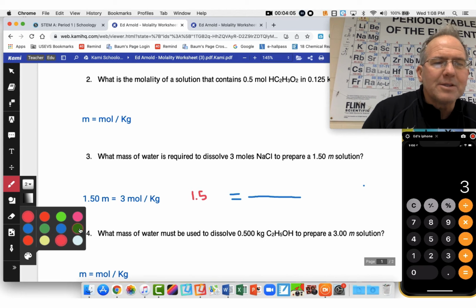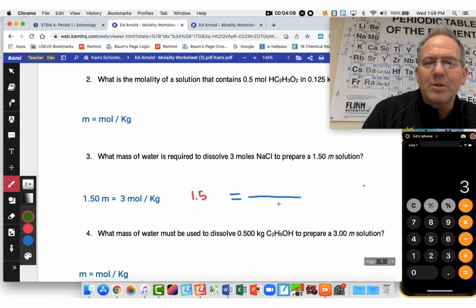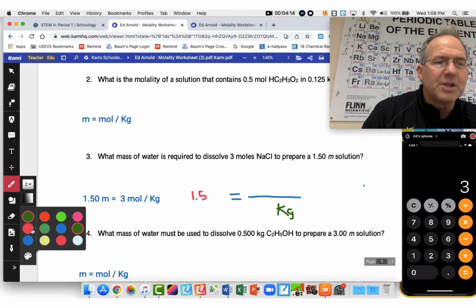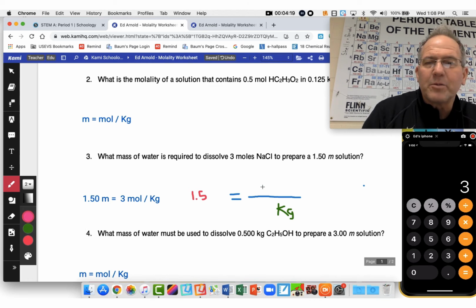You don't have to listen to me jibber jabber about this stuff if you know what you're doing. So kilograms go on the bottom. And I'm going to put 3 moles on top. So I'm just going to put a 3 up there.